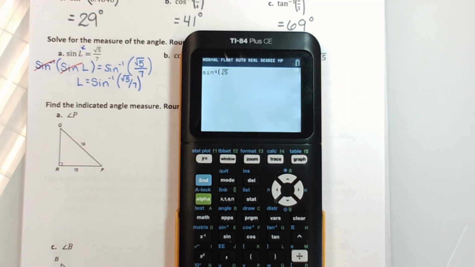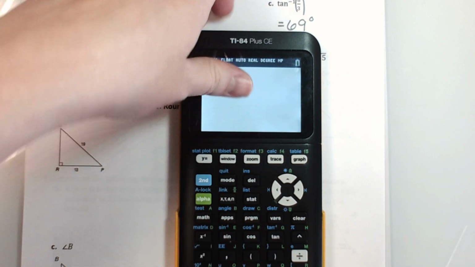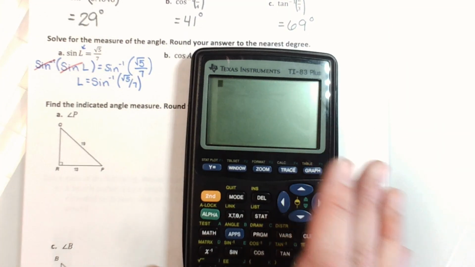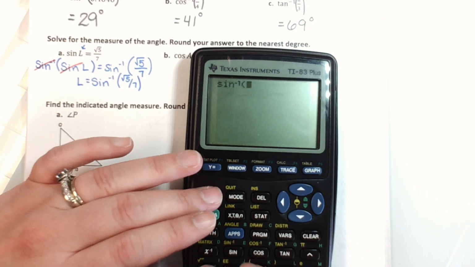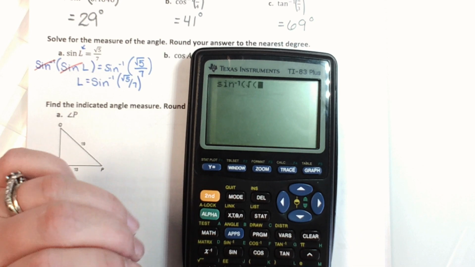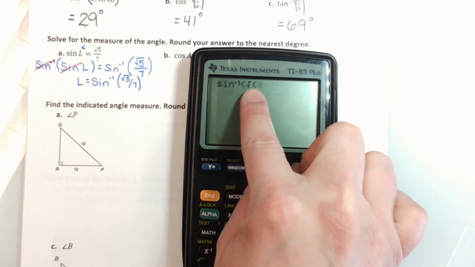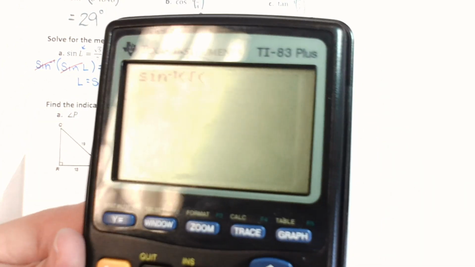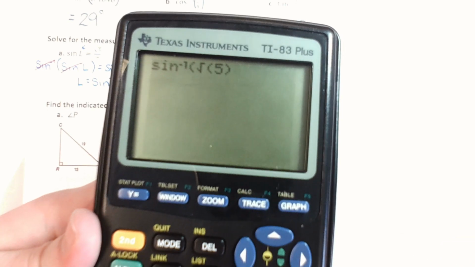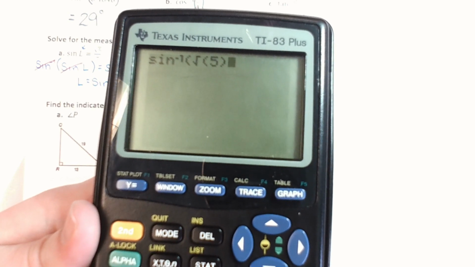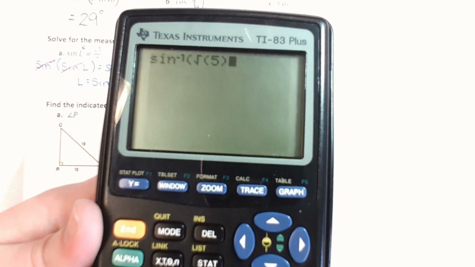If you have one of the little TIs, or you have an older style calculator like my TI-83s, when I do sine inverse of square root, it opens up a set of parentheses. I got to put the 5 in, and then I have to close that square root before I do the divide.